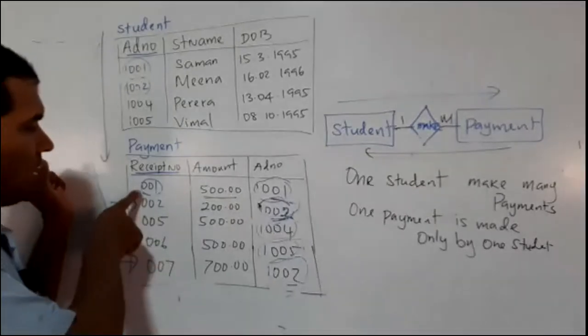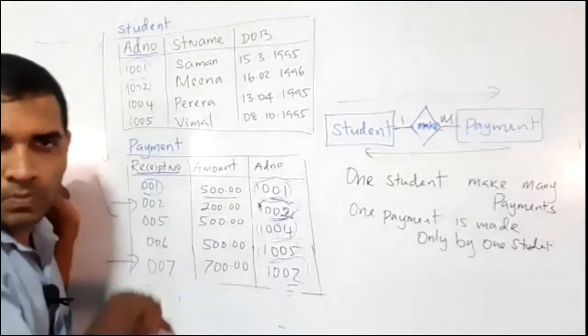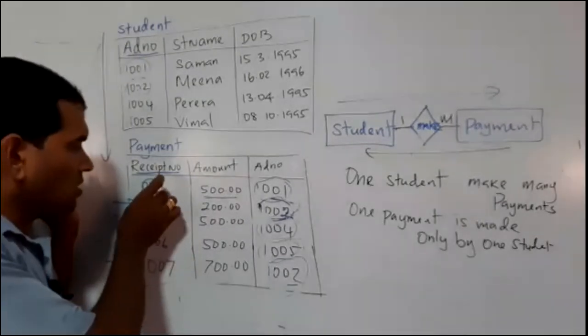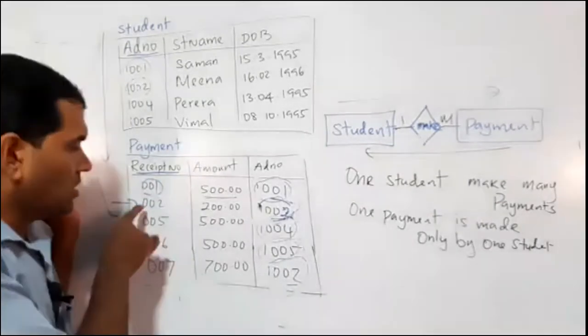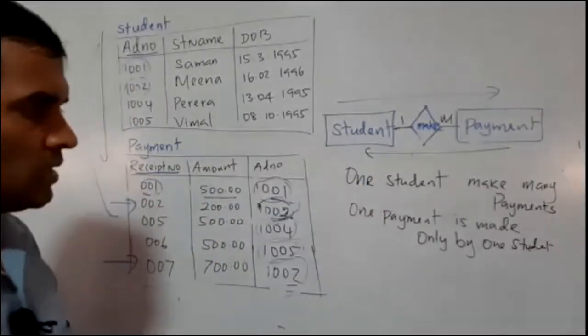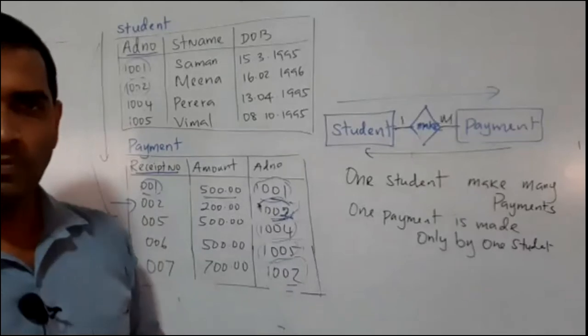You can't say that 001 is repeated because it's a primary key. Have you understood? So now I can be sure that 001 will never be repeated, 002 will never be repeated. That is the meaning of one payment is made by only one student.